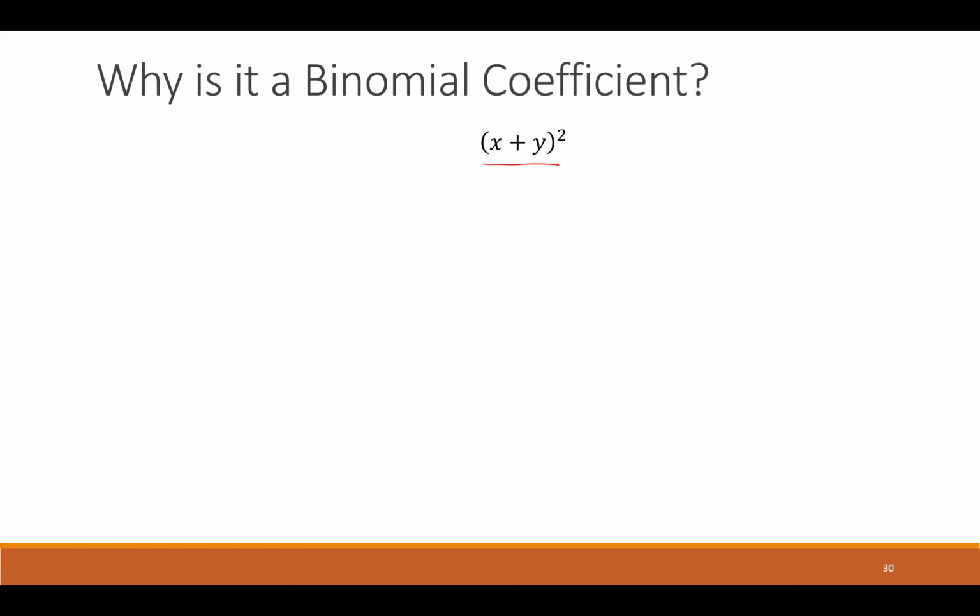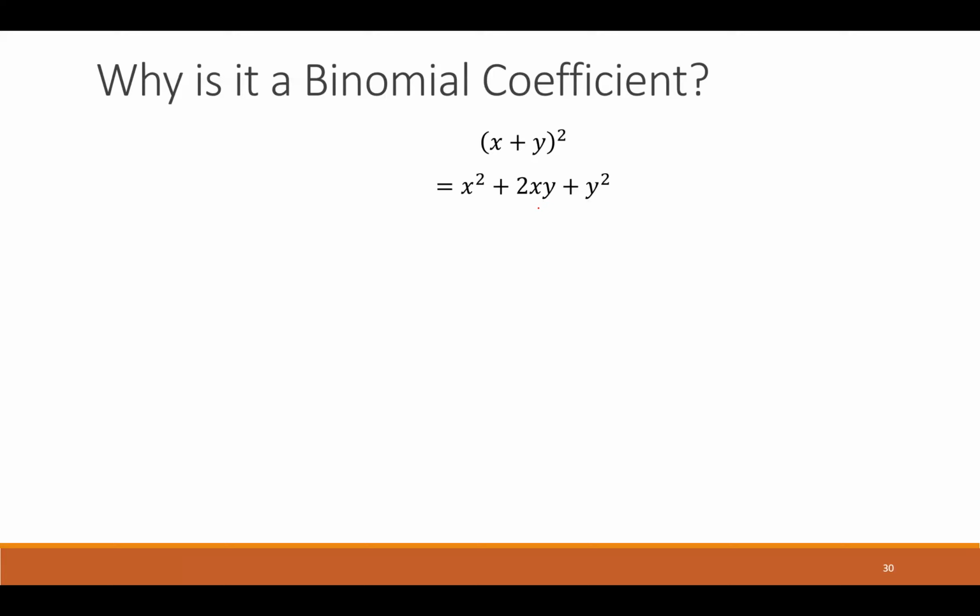So let's look at this polynomial, x plus y squared. When I expand it out, I get x squared plus 2xy plus y squared. When I say coefficient, the coefficient of xy is 2, the coefficient of y squared is 1, and the coefficient of x squared is 1.